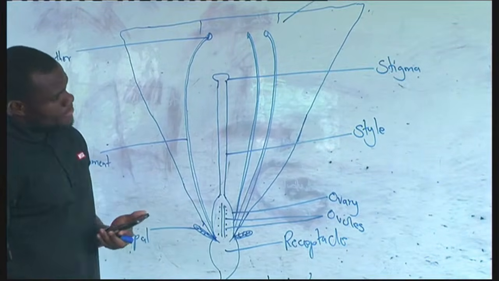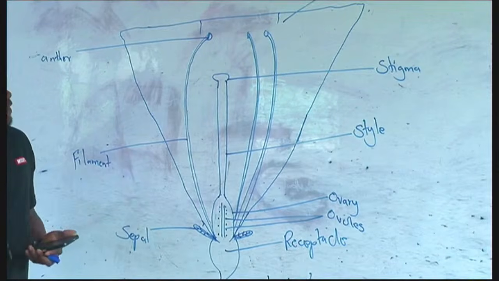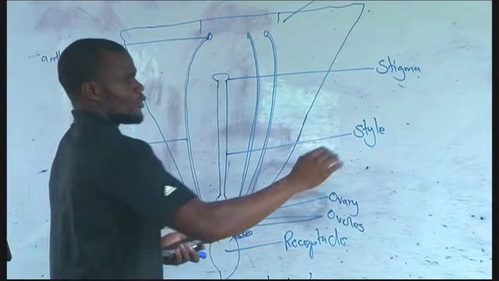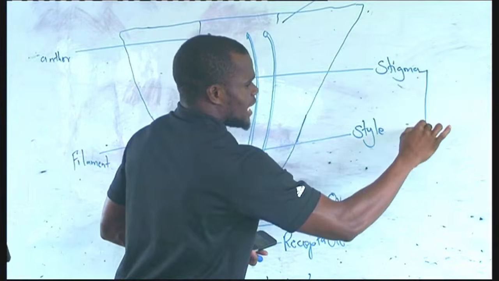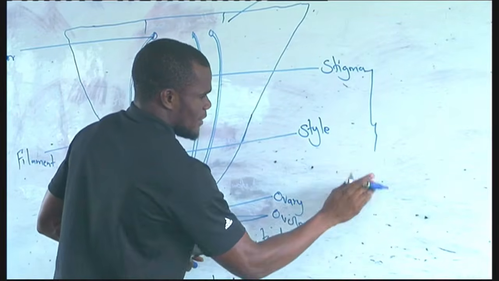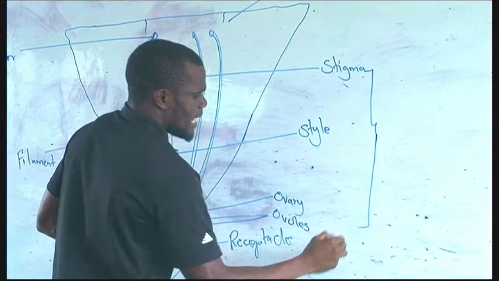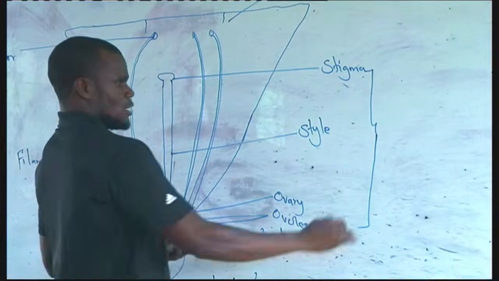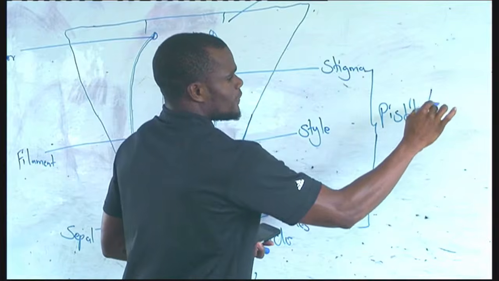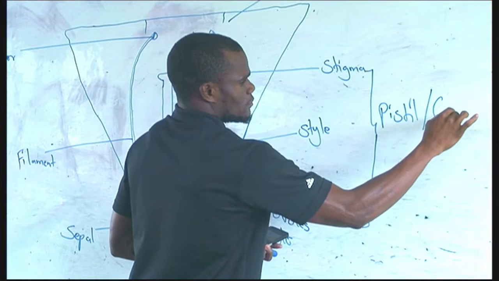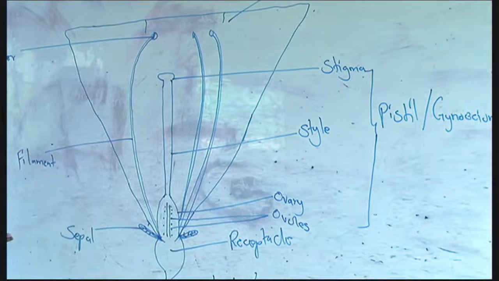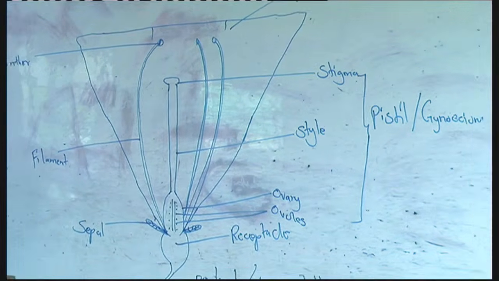And when we talk of the stigma, style, ovary, and the ovules, these structures make up the female part of a flower, which means they make up the pistil, or the gynoecium. That is the female part of a flower.